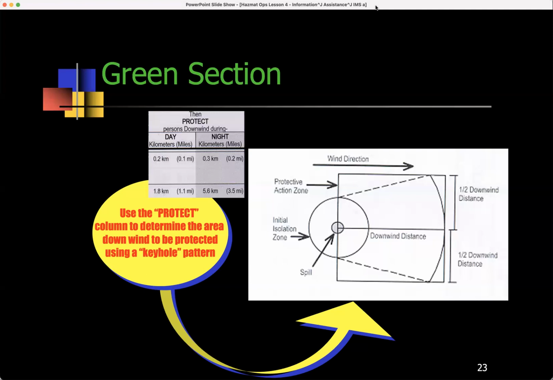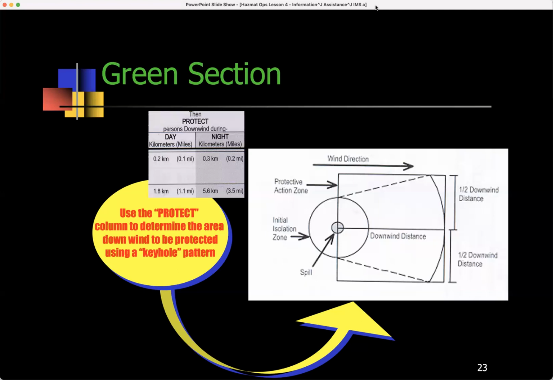Some people ask, why the difference between day and night? If you'll notice, the night distances are longer, mostly because of visibility and getting people to move or to take action.